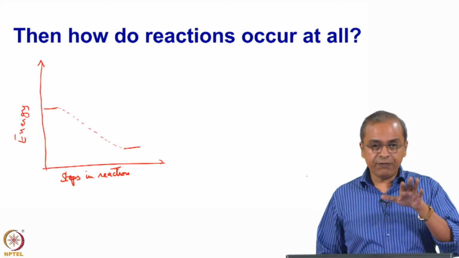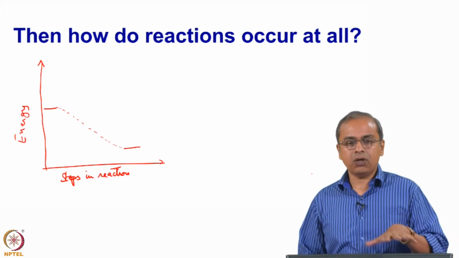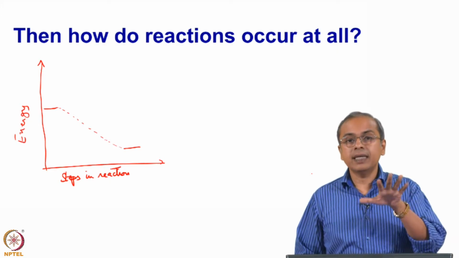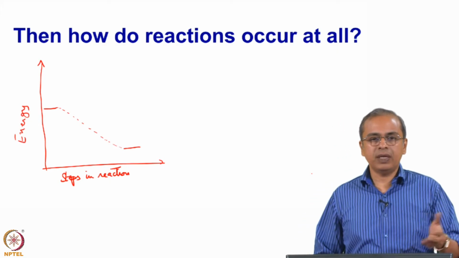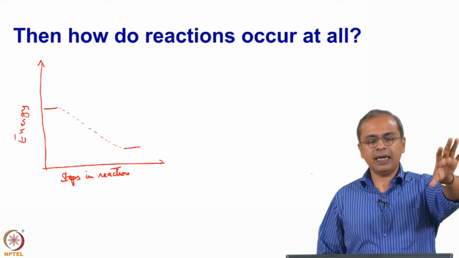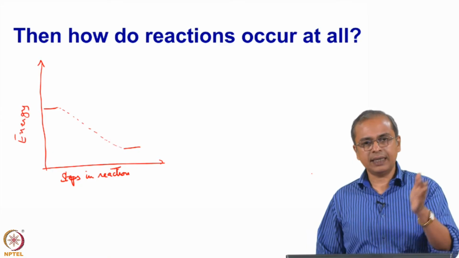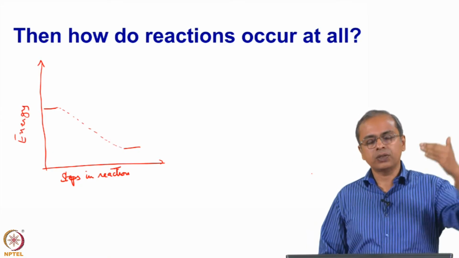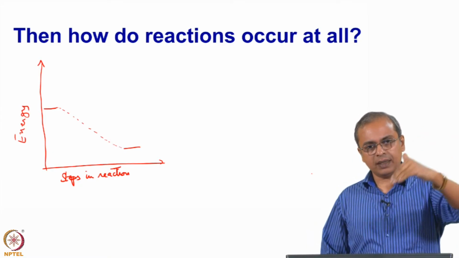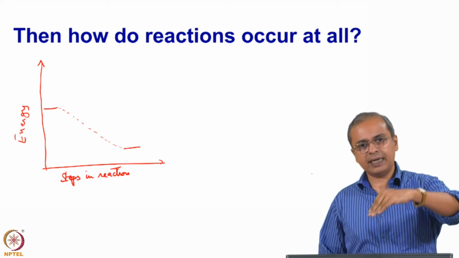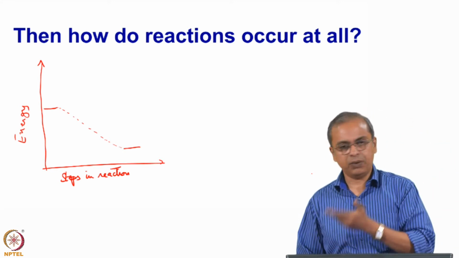But if the process happens the way it is drawn now with that dotted line, then indeed it will happen spontaneously. You leave it there, it is just like keeping a ball at the edge of a slope, it will slide down, right, it will just slide right down, and there is nothing that prevents it from sliding down. So, if you have reactants sitting on top of a slope that is just headed down, they will simply slide down and you will have a spontaneous reaction.